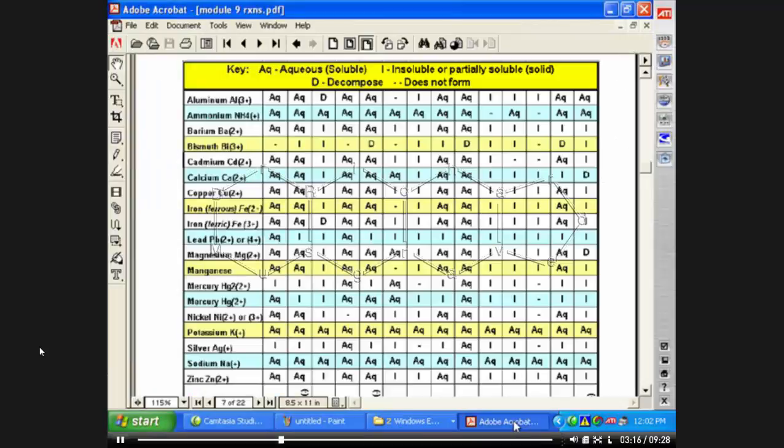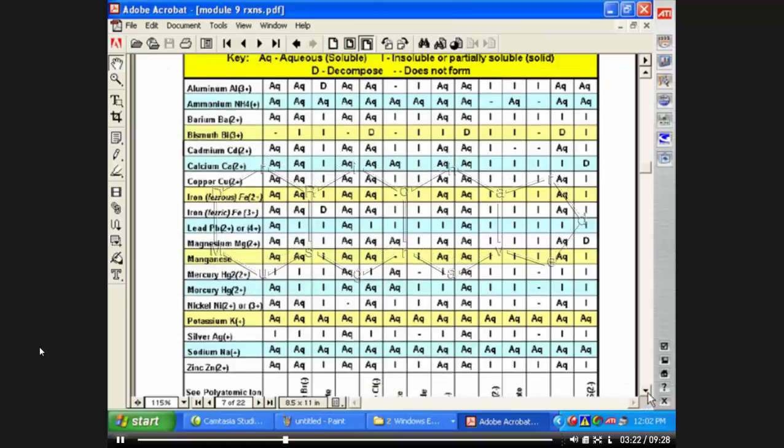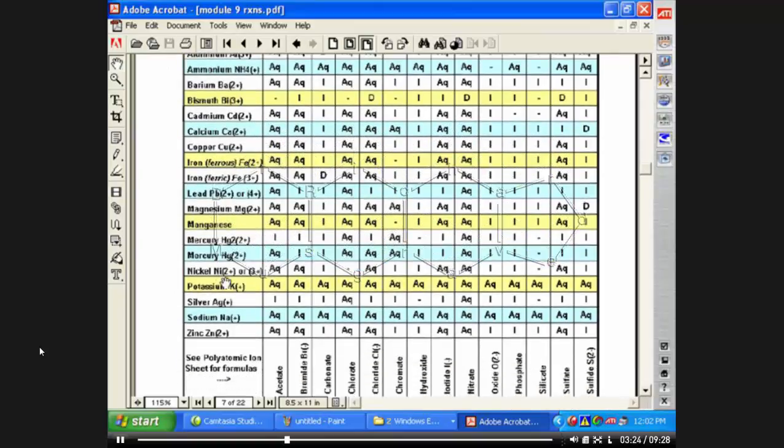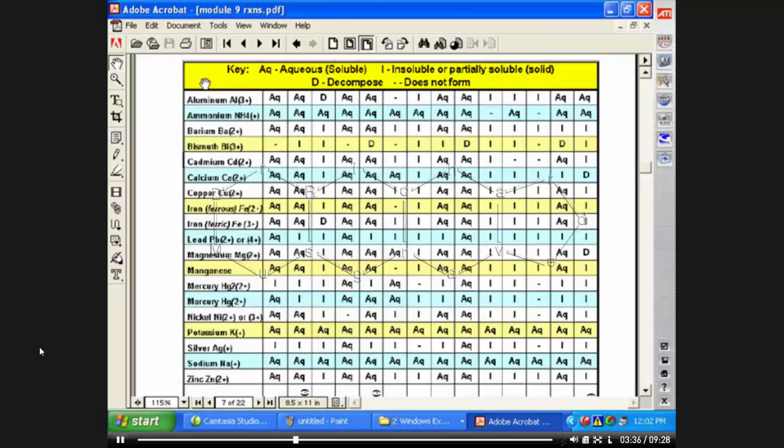So I go back to, in Module 10, you'll see this solubility chart. If we look at sodium and nitrate, what you'll notice is that it is all AQ. So sodium nitrate is AQ, which means that, looking at the key, it says soluble. So that's not the solid.